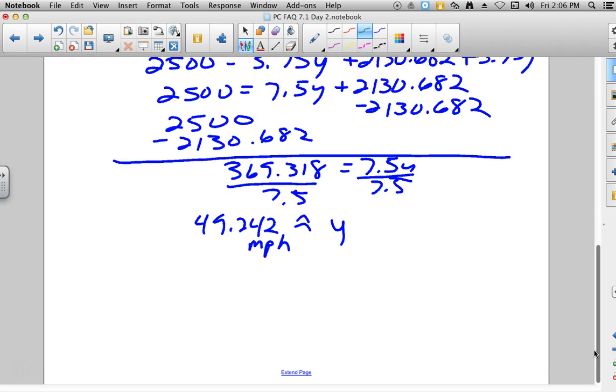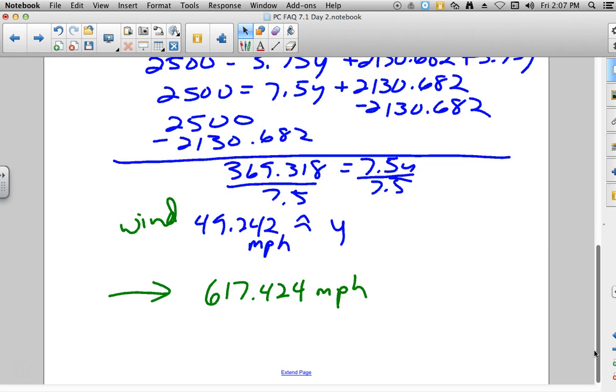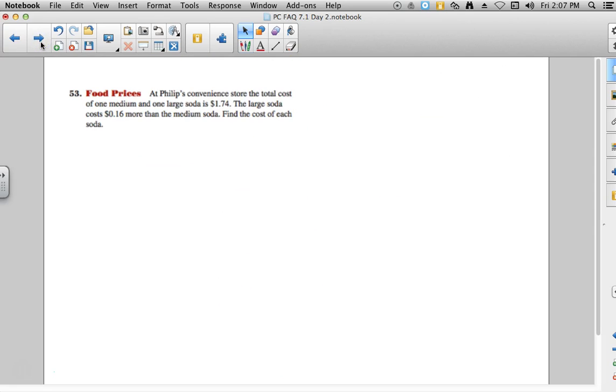And that would be 617.424 miles per hour. So pretty obviously this is your wind speed, and this is your actual flying speed right here at 617.424 miles per hour. That's kind of a doozy with the wind pushing you and fighting you on the way back.